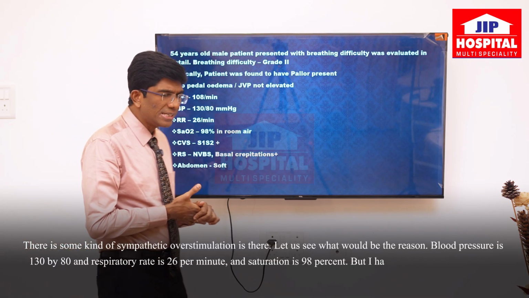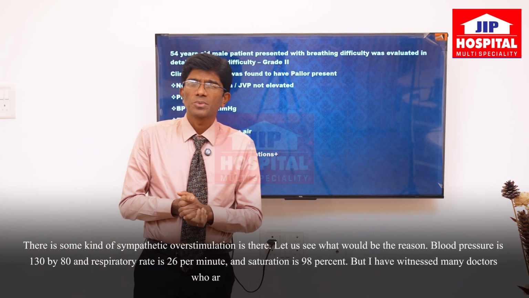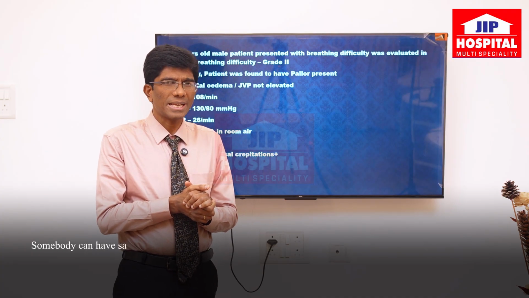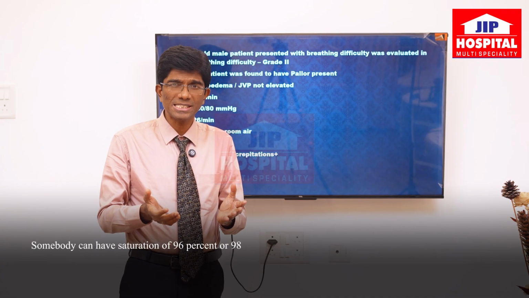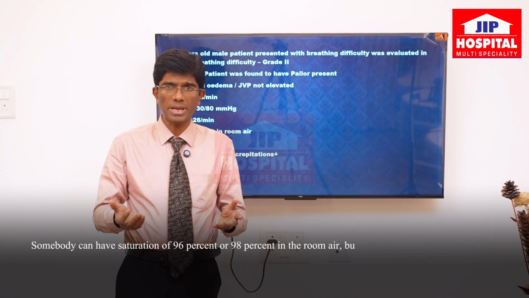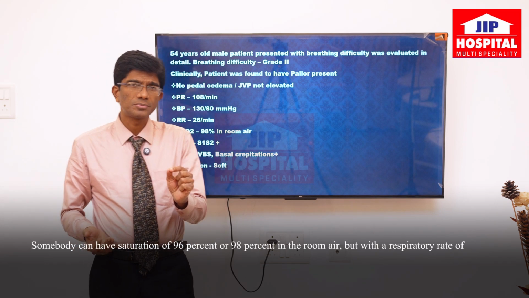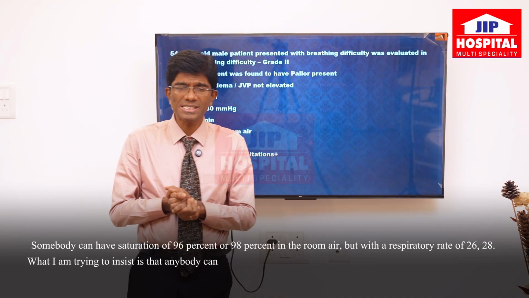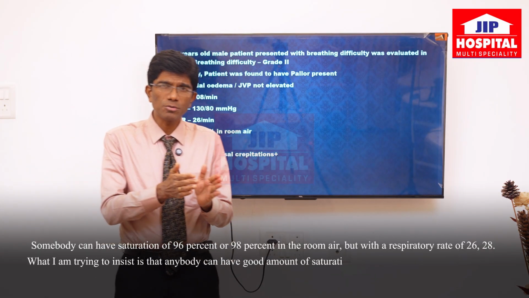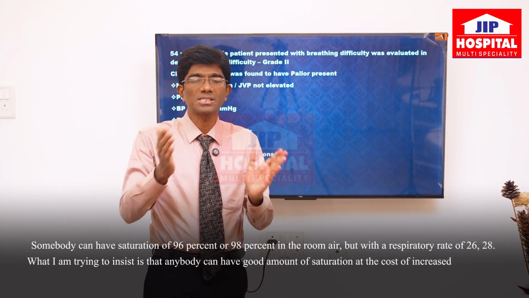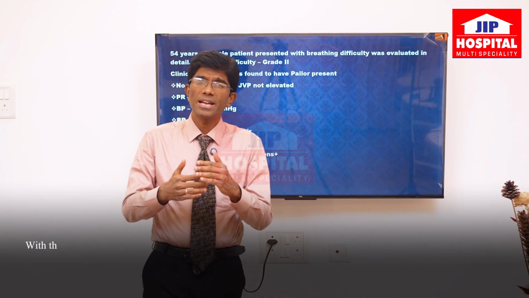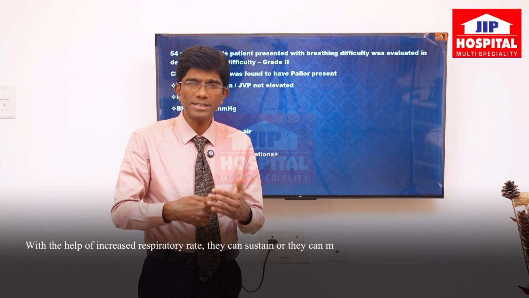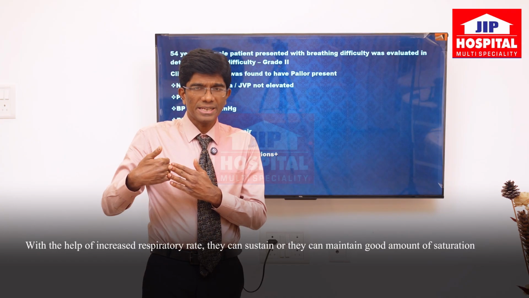But I have witnessed many doctors who are so content with the saturation. Somebody can have saturation of 96% or 98% in room air, but with a respiratory rate of 26 to 28. What I am trying to insist is that anybody can have a good saturation at the cost of an increased respiratory rate. With the help of increased respiratory rate, they can maintain good saturation in room air.